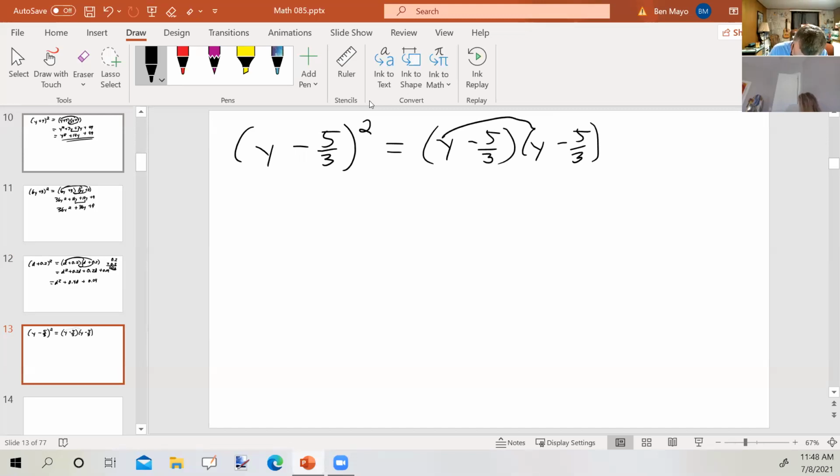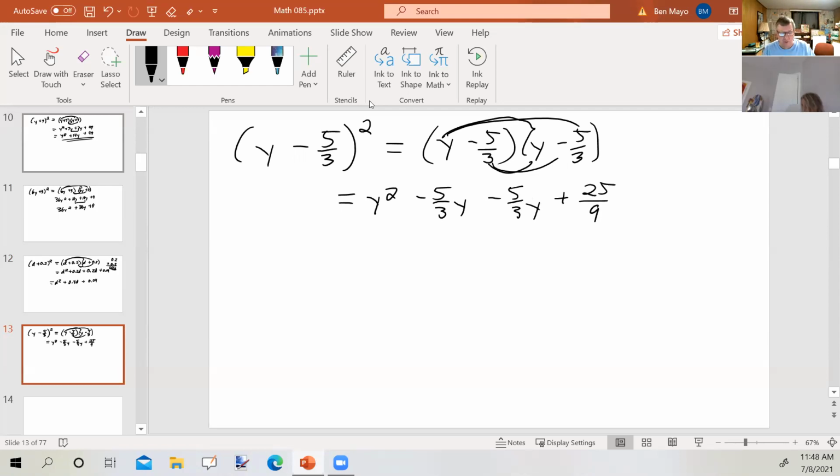Foiling it together, we get y squared minus 5/3 y minus 5/3 y, and then minus times minus is plus 25/9, the 5 times the 5 in the numerator and the 3 times the 3 in the denominator. Combining like terms, y squared, minus 5/3 y minus 5/3 y would be minus 10/3 y plus 25/9.